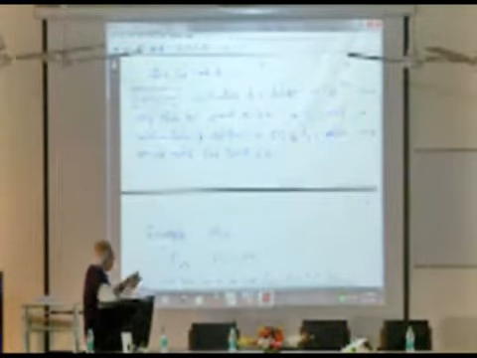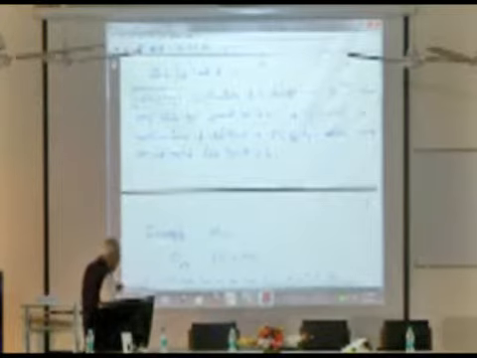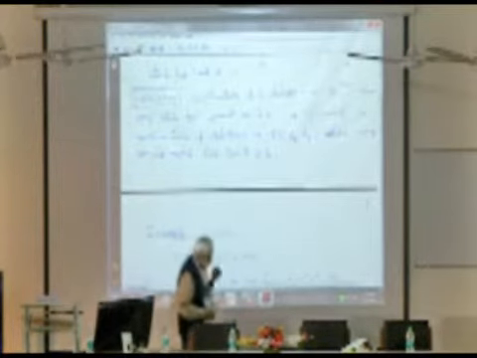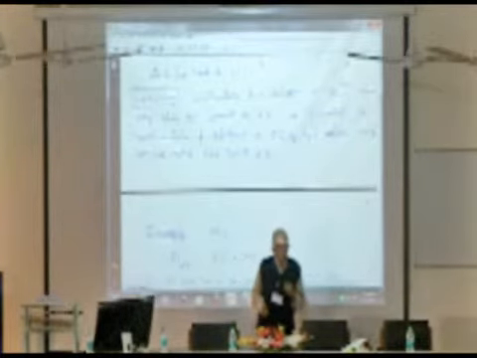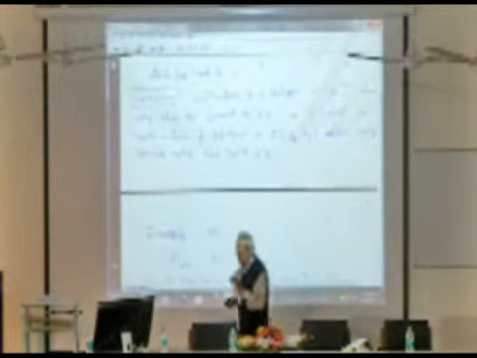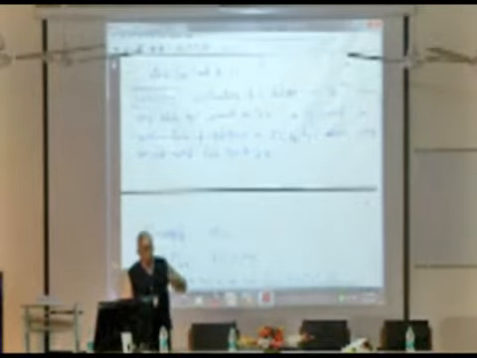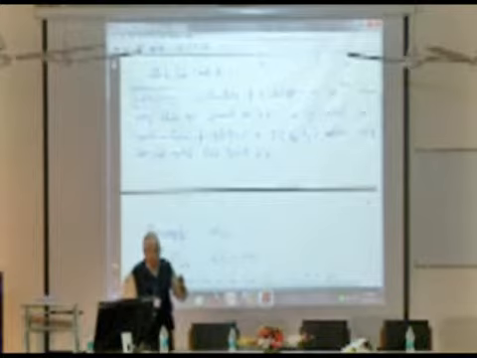In the joint state, you see, the Schmidt number itself is a measure of the entanglement, right? The entropy of the marginal state is also a measure of the entanglement.